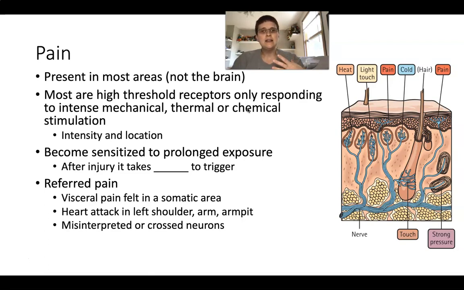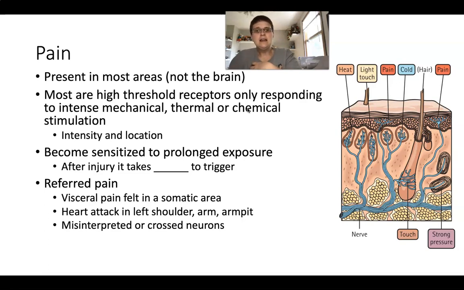That's why it ends up telling you, instead of the pain being in the heart, the pain is over here in your shoulder, even though that's not where the signals are coming from. The signal is coming from your heart, but the wiring gets crossed on the way to the brain. And so by the time it makes it to your brain, it's thinking that signal came from that shoulder area and not from the internal organ, in that case, like your heart.